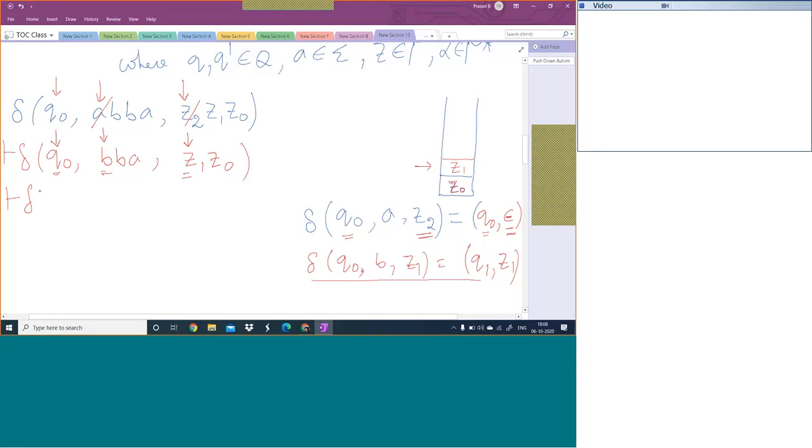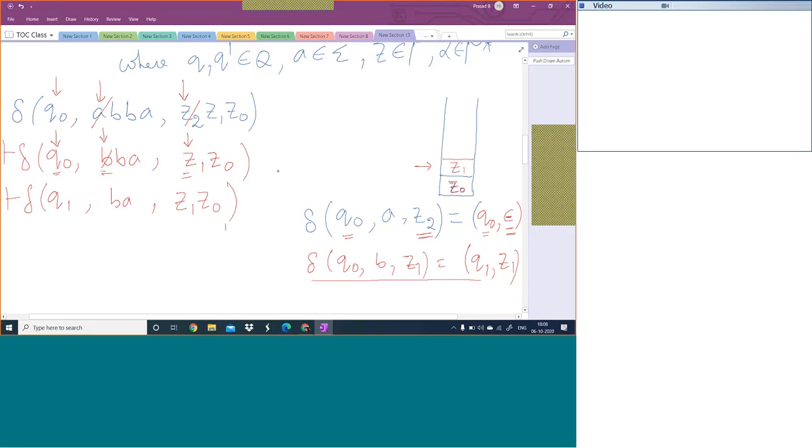So Q0 B Z1, what happens? Change the state to Q1. After scanning this B, what will be the remaining input string? BA. And Z1, what to do? Just keep the Z1 as it is. So for the next transaction, the stack symbols will be the same, Z1 and Z0. Okay. Do you understand? Next.